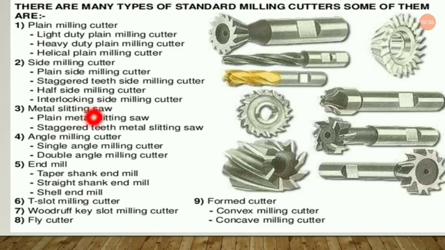Next is your metal slitting saw, plain metal slitting saw, then your staggered teeth metal slitting saw, and then is your angle milling cutter, under which comes the single angle milling cutter, then the double angle milling cutter.